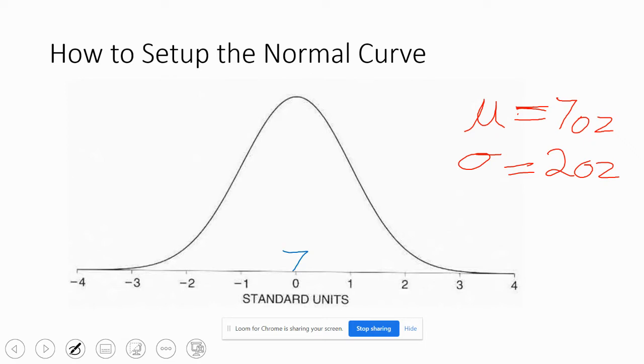Then you count 2 to go up. So 7 plus 2 is 9, then 11, then plus 2 is 13, and one more time, 15. So those will be going up the standard deviation. You do the same thing going down. 7 minus 2, 5, 3, 1, negative 1. And then you got all the numbers you would need on the normal curve. Okay, we'll do this for a few more problems, and that's it.